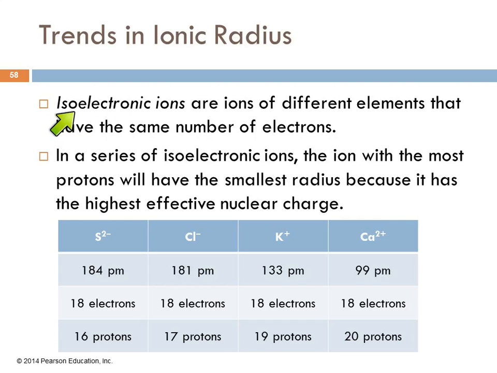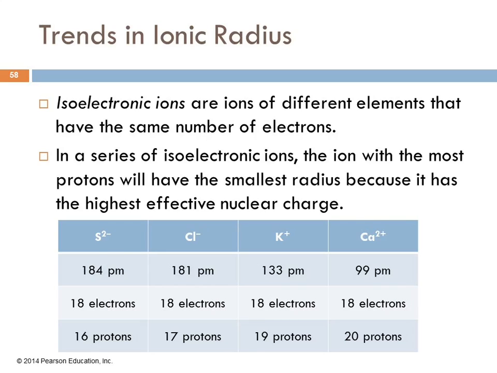Isoelectronic means that the atoms or ions have the same, iso is a prefix that means same, the same electrons. So if we look at a series of isoelectronic ions, here's sulfide, chloride, potassium, and calcium. All of these guys are around argon, right?